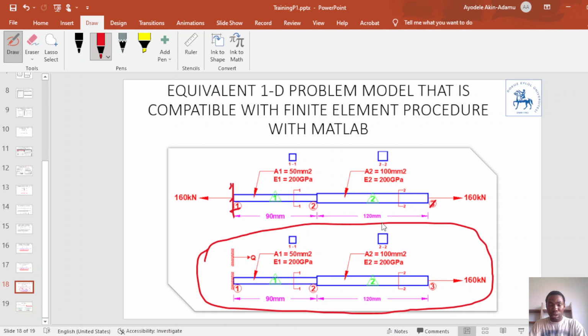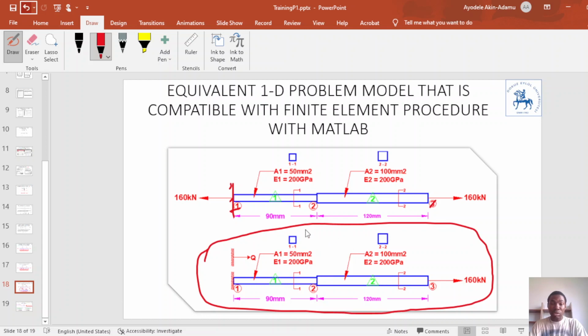This is the finite structural model we are going to use to solve the problem. Again, in every finite element analysis, one of the first steps you must do is to define the number of finite elements that you want to use in your analysis. In this problem, as instructed, we are asked to use two finite elements to solve the problem.